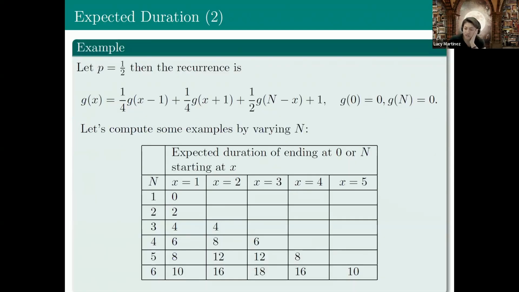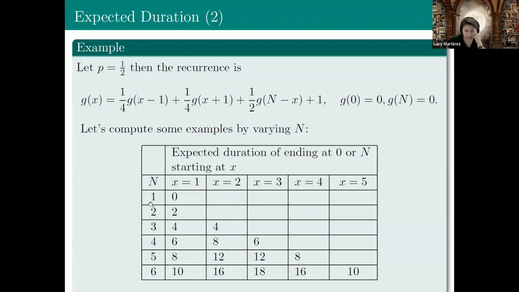So this is just a table of some of the values for g of x in this example for p equal to 1/2. And I went from 1 to 6 for n, and then for the x values, it'll be up to 5, because n equals 6, x ranges between 0 and n. So of course, let's just read some values of this table just to remember what this means.